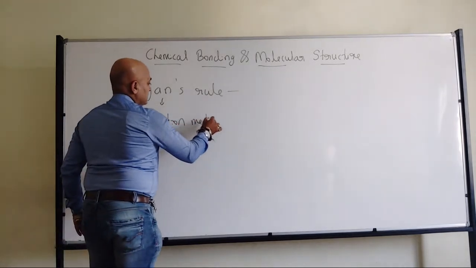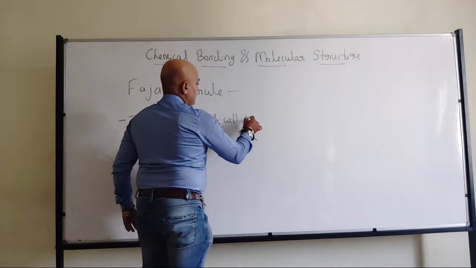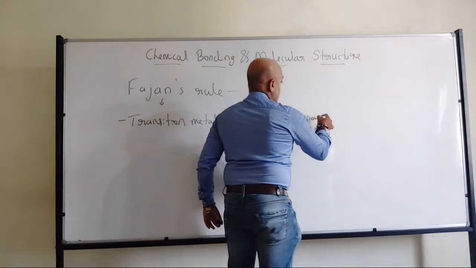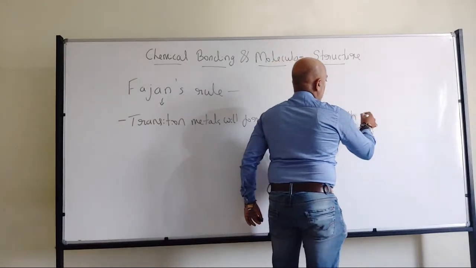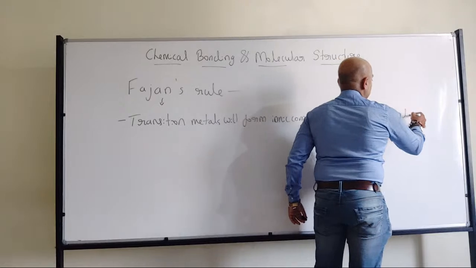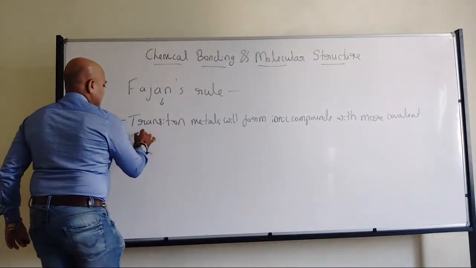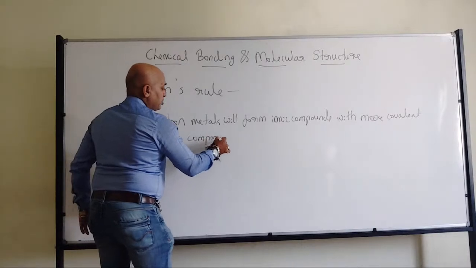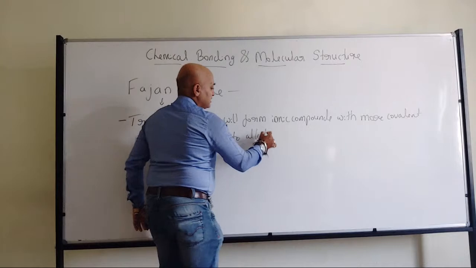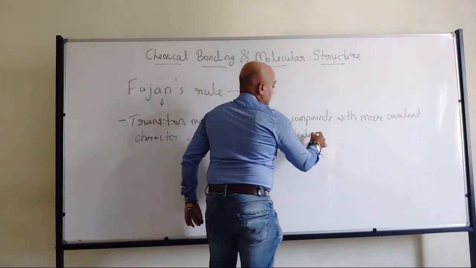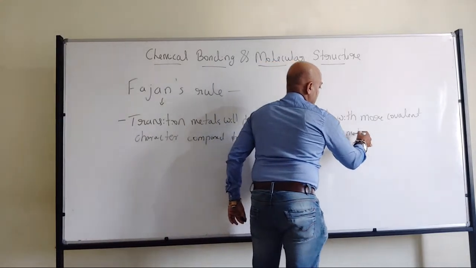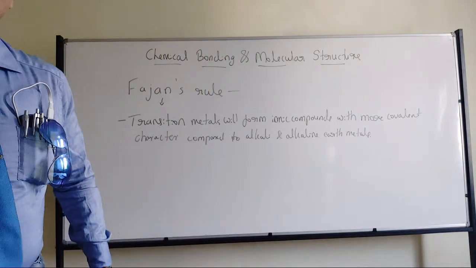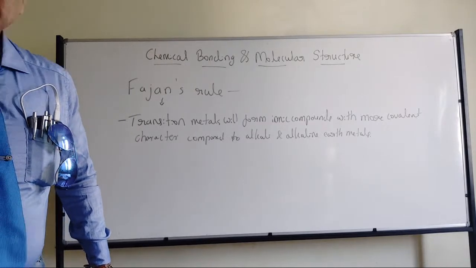Transition metals will form ionic compounds with more covalent character compared to alkali and alkaline earth metals.